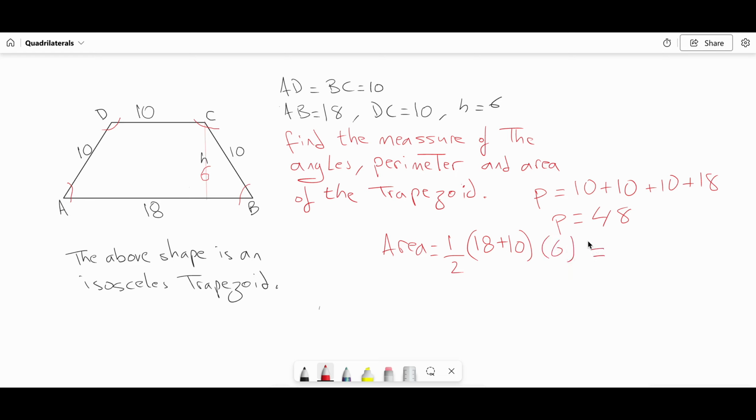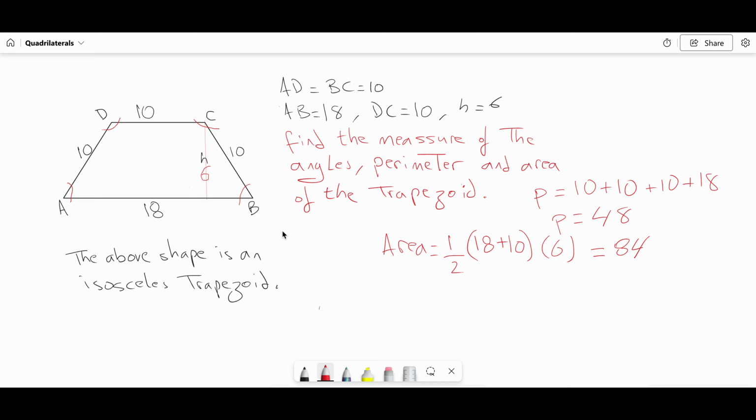So let's do this operation here. We have that 18 plus 10, right? 28. 28 divided by 2 times 6, and we have that the area is equal to 84.